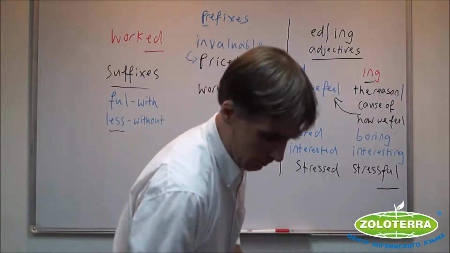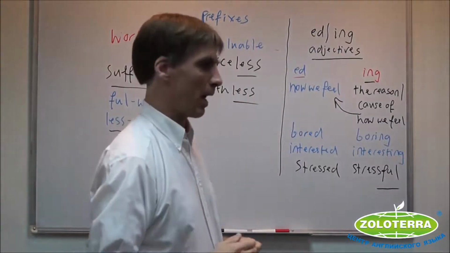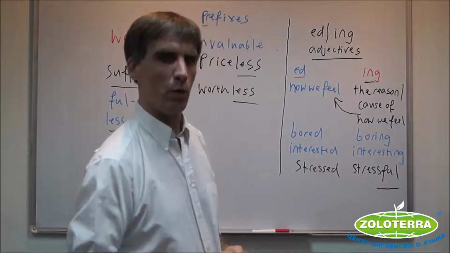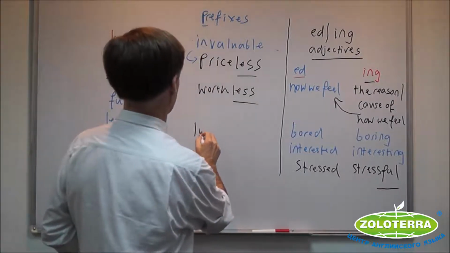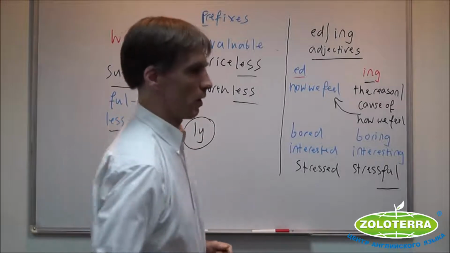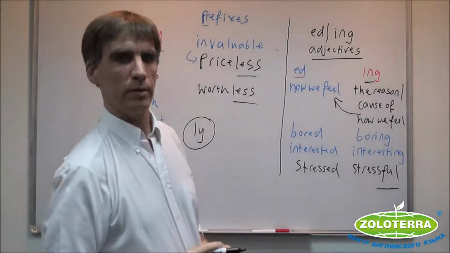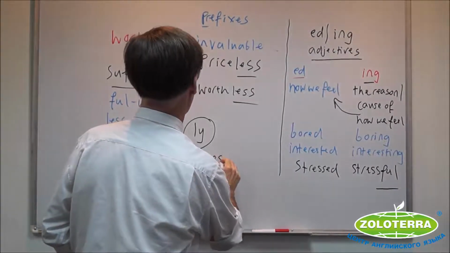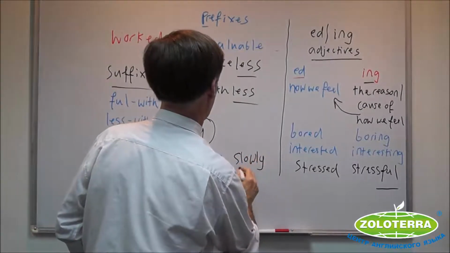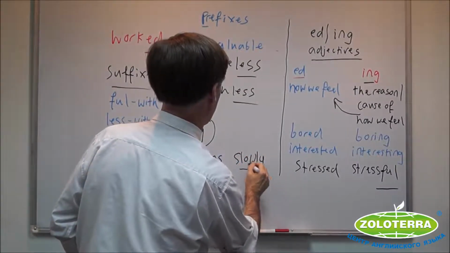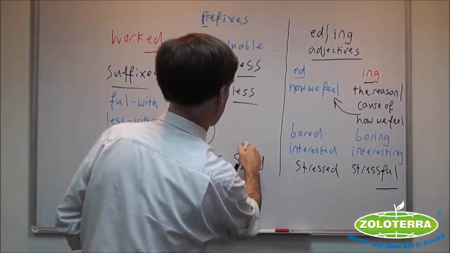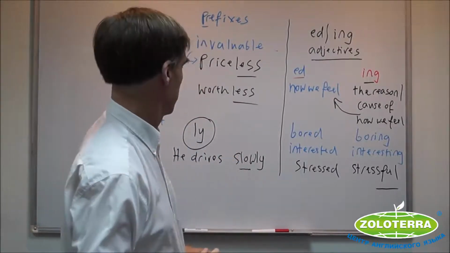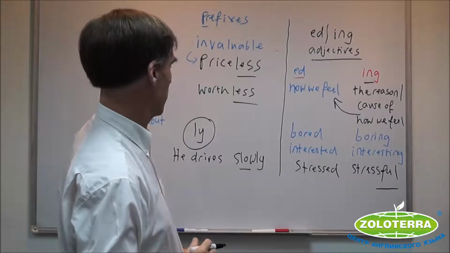And lastly, adverbs describe how we do things, and many adverbs are formed by adding ly to the adjective. So, adjective, a slow driver. He drives slowly. Adjective, if it was in an adjective sentence, slowly, adverb. But not all adverbs end in ly, we have some irregular ones.